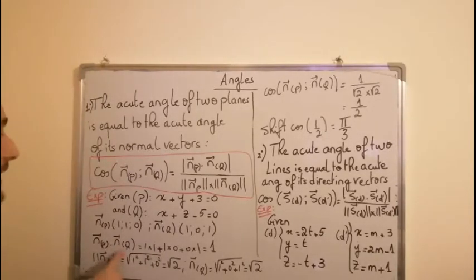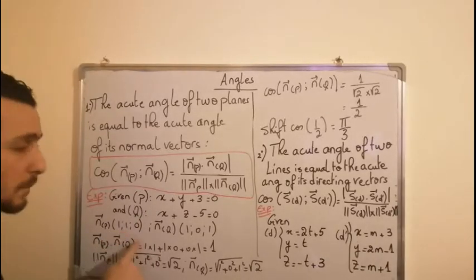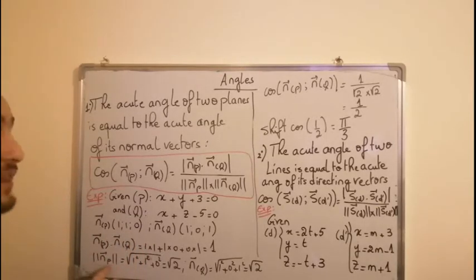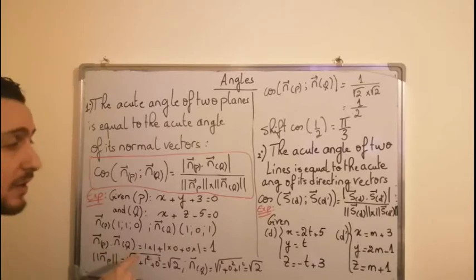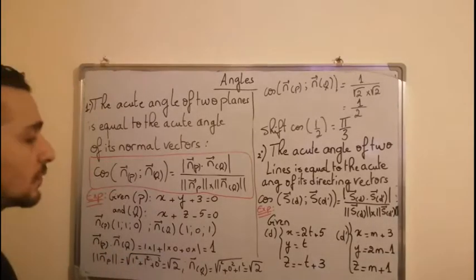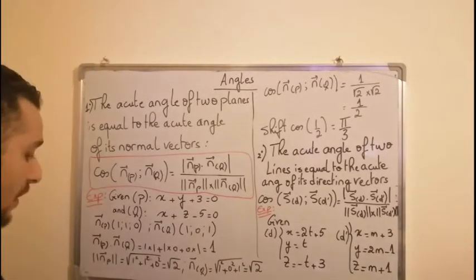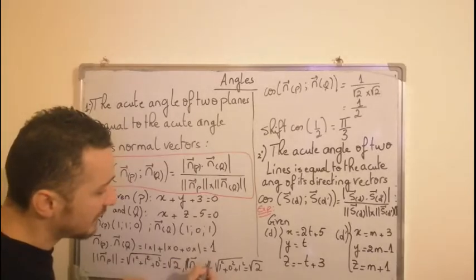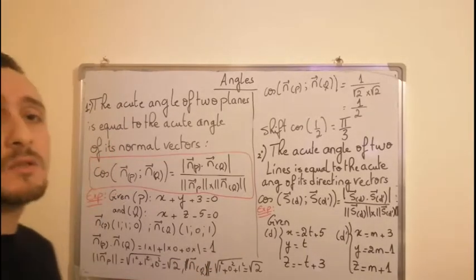It's equal to the radical of the abscissa power 2 plus the ordinate power 2 plus the height power 2. So the magnitude of the normal vector of P is equal to radical 2, same for the norm of the normal vector of plane Q, equal also to radical 2.